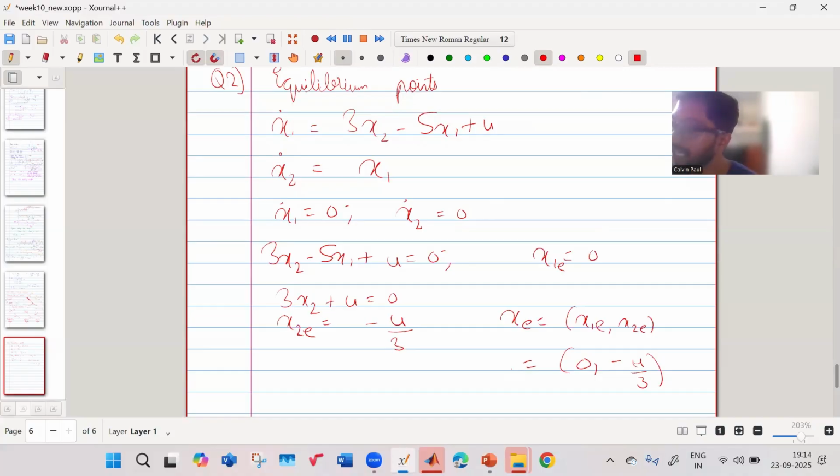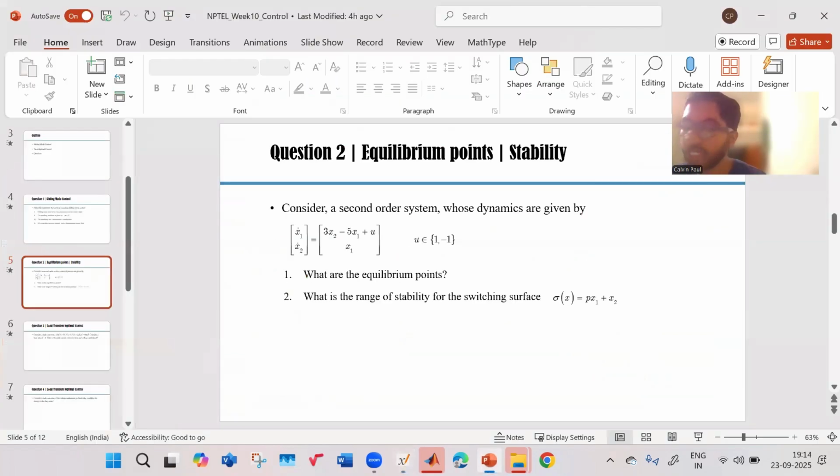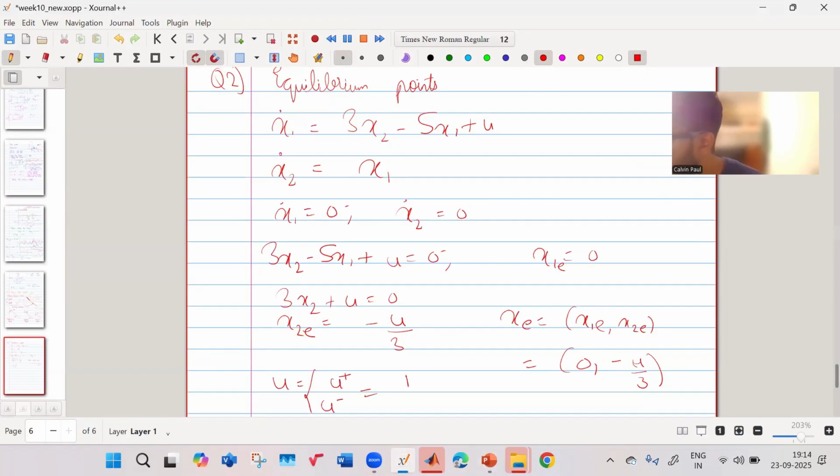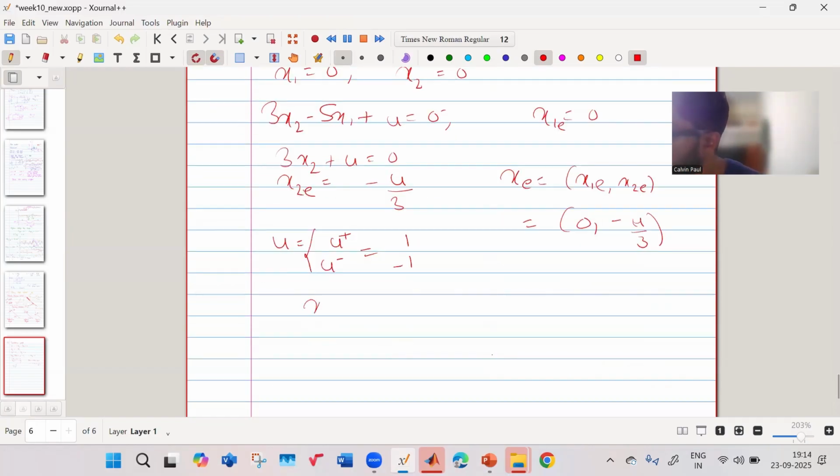Now we are talking about sliding mode control, where your u has a u plus and a u minus. So what is your u plus given by? Your u plus is 1 and your u minus is minus 1. So your xe plus is given by 0, minus 1 by 3 and your xe minus is actually 0, 1 by 3.